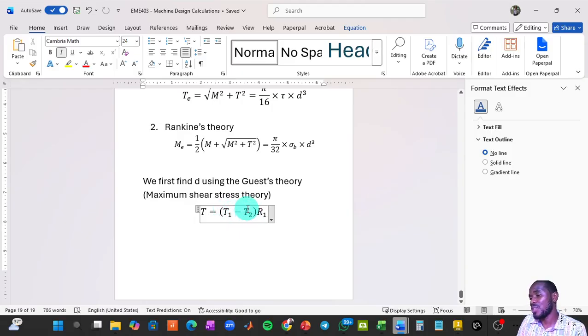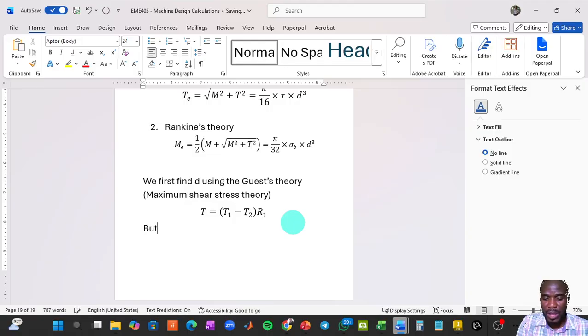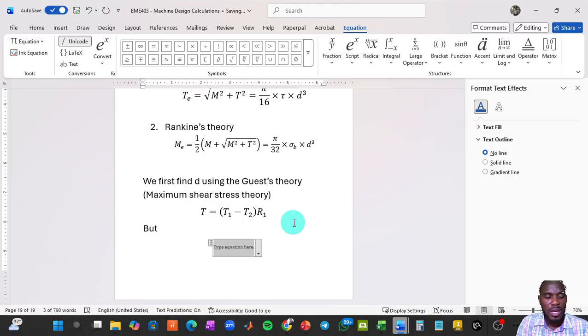Now I need to find the tension in the slack side. And now I know that there's an equation that says that if we find 2.3 times the log of T1 divided by T2, right?